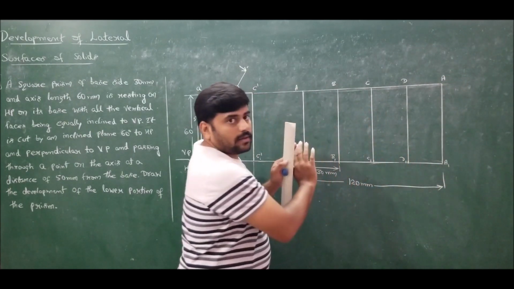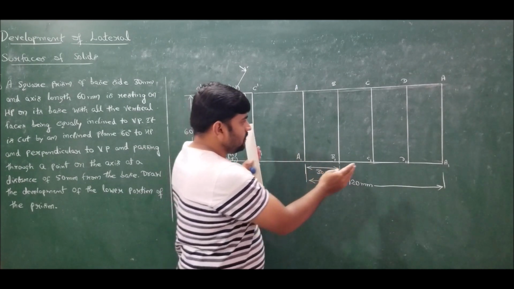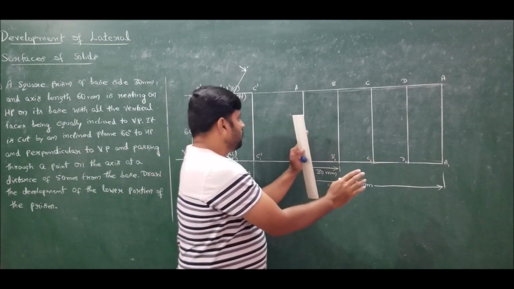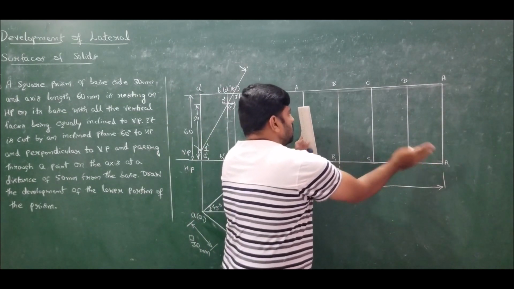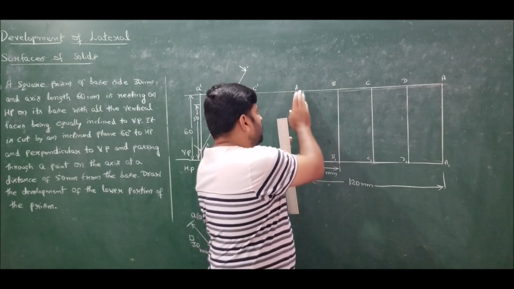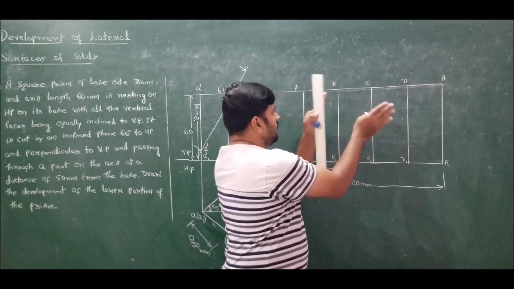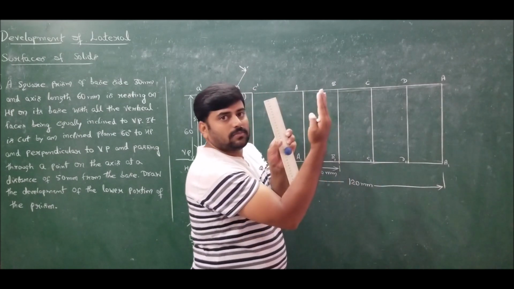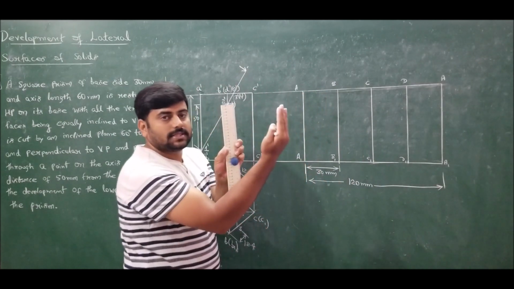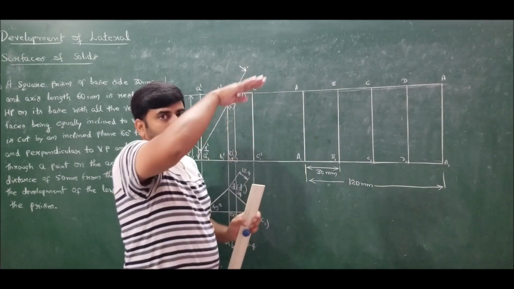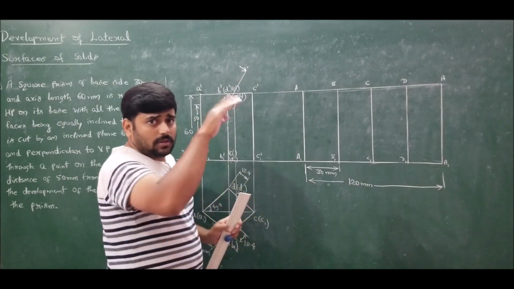So when I fold it by bending, the first longer edge and last longer edge should overlap. After giving some allowances, I will bend it and join so that I will get a prism of 4 sides, 4 vertical faces and 2 bottom and top faces.